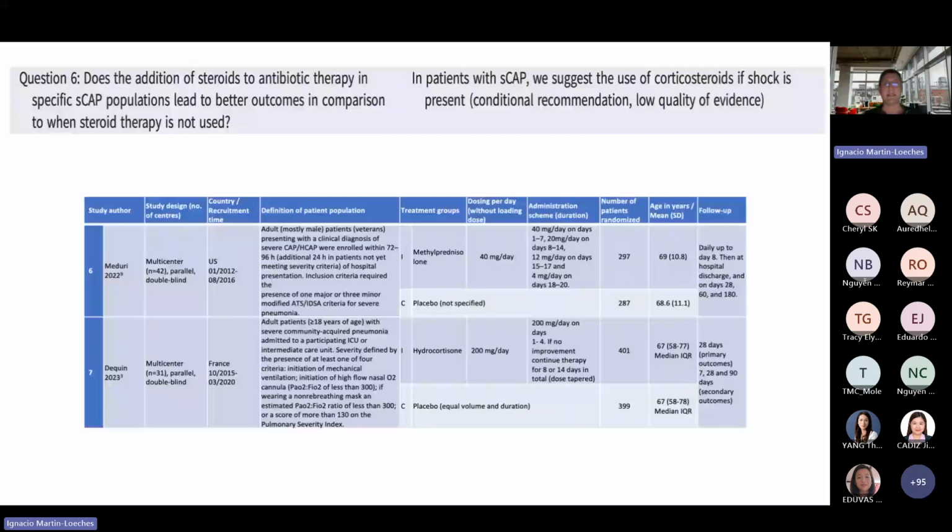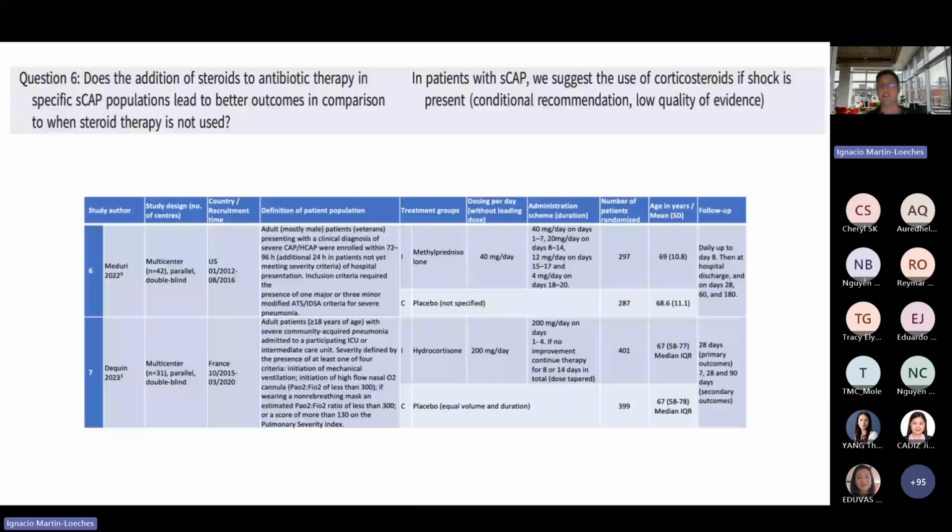However, at the time that we published the guidelines, two major studies were published. The first was published in the US, including patients who were mainly veterans, so patients with some age, and in this case they were analyzing methylprednisolone.